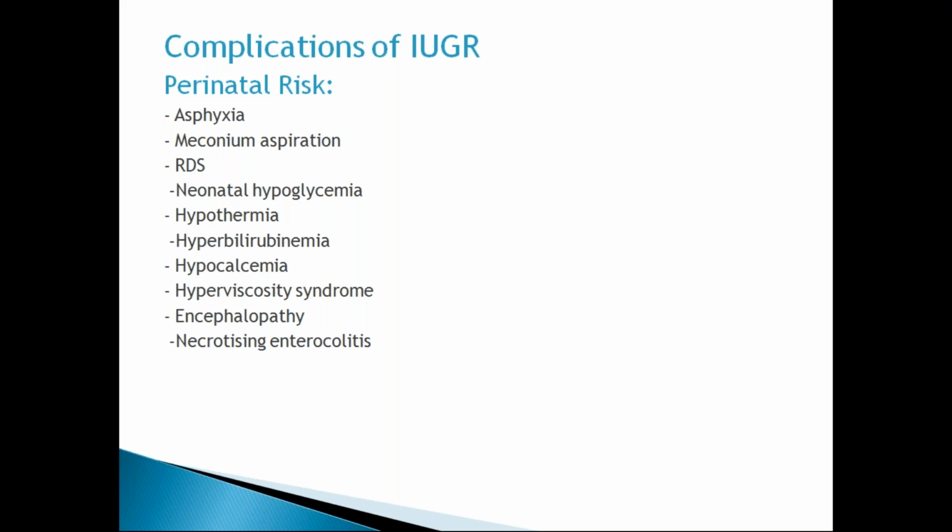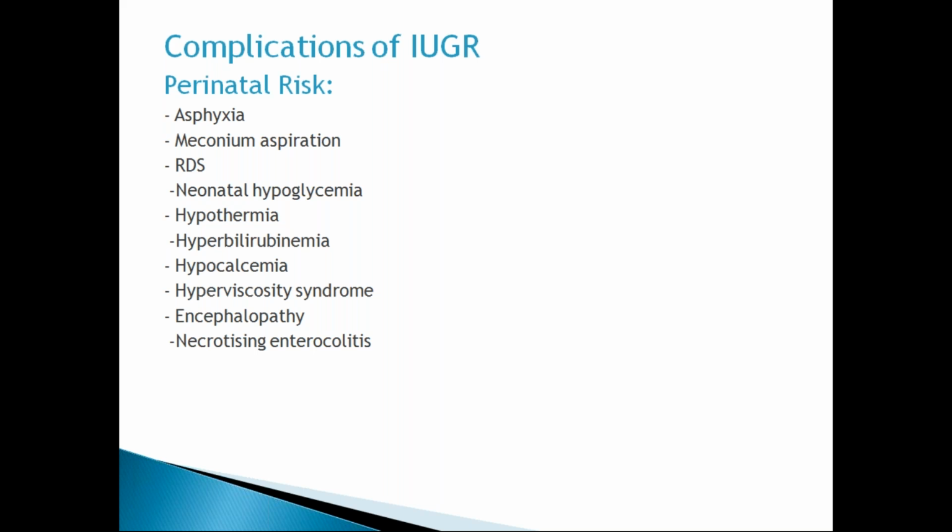Hyperbilirubinemia, because in anoxic conditions there will be RBC destruction, hypocalcemia, and hyperviscosity, with an increase in red cells causing blockage in the microcirculation. Also necrotizing enterocolitis.